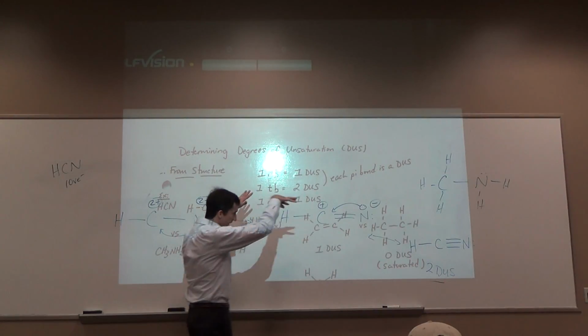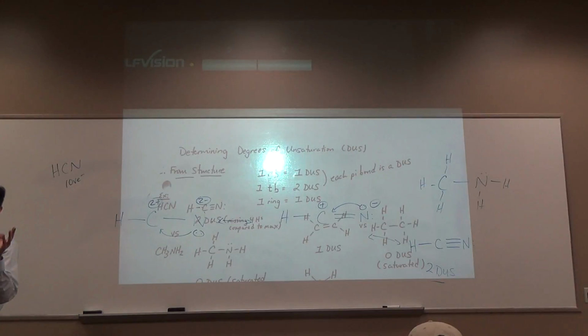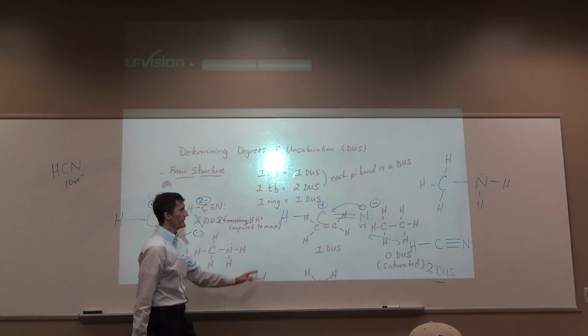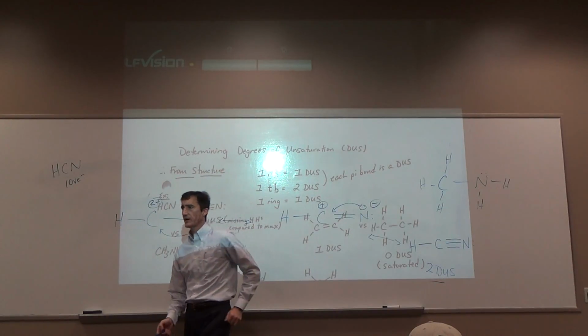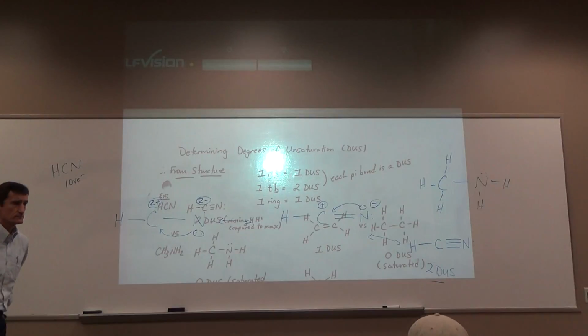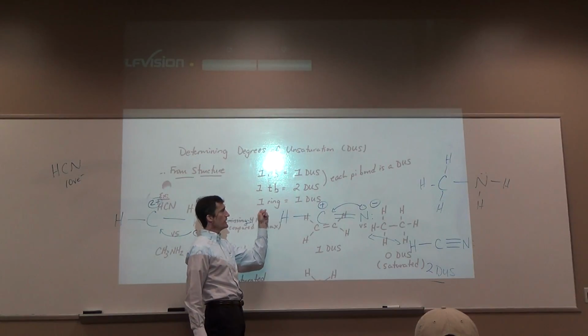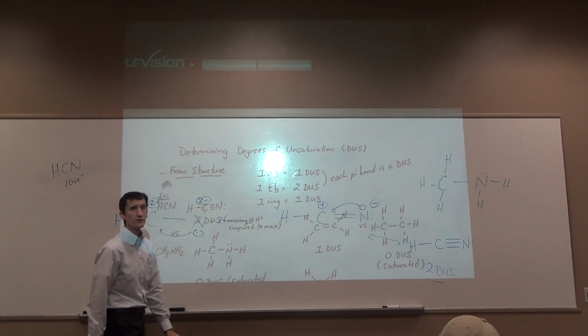Okay, I'll just sort of take it through here, and at some point I'll step back and say, okay, let's summarize things. One double bond is going to be 1 DUS. Basically, each pi bond is a DUS. We haven't described pi bonds yet. One triple bond is going to be 2 DUS. One ring is going to be 1 DUS. 1 degree of unsaturation.